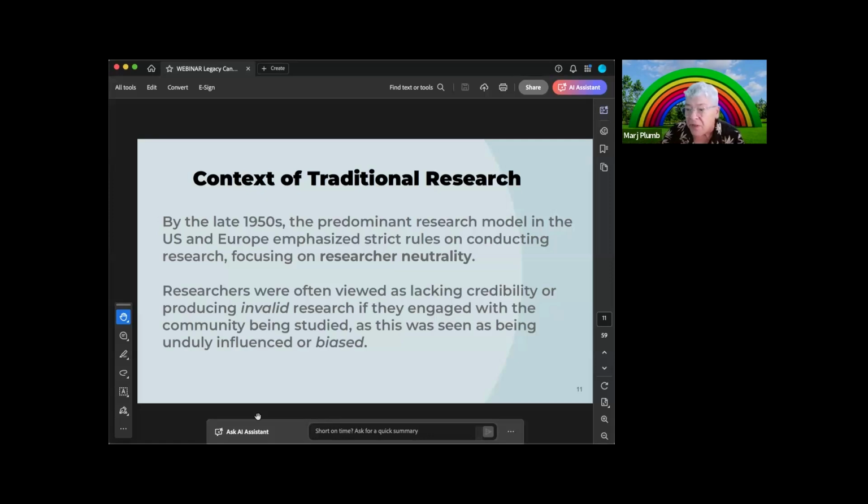There was a belief that if researchers were involved in the community they were researching, their research would be invalid, would lack credibility, and would be seen as biased. So the idea became that researchers needed a real separation from the people they were researching.